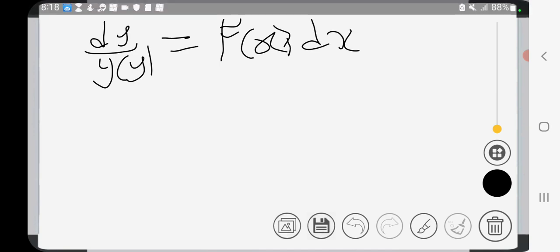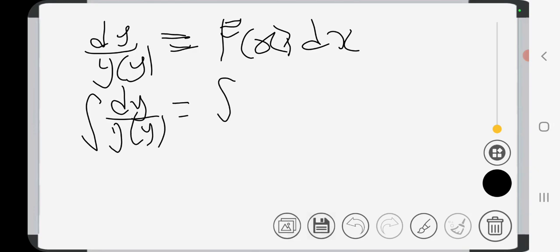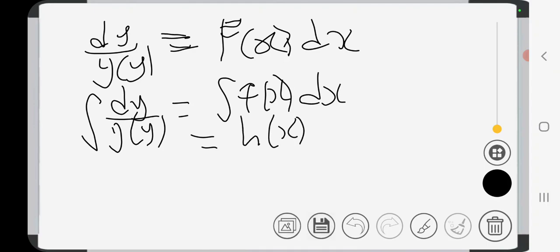dx. To find the solution, because we are having differentials, we take the inverse of differentiation, which is integration. So we integrate both sides: the integral of dy over g of y is equal to the integral of f of x dx. If we are able to integrate f of x and get another function, let's say h of x, then we add what is called the arbitrary constant c.